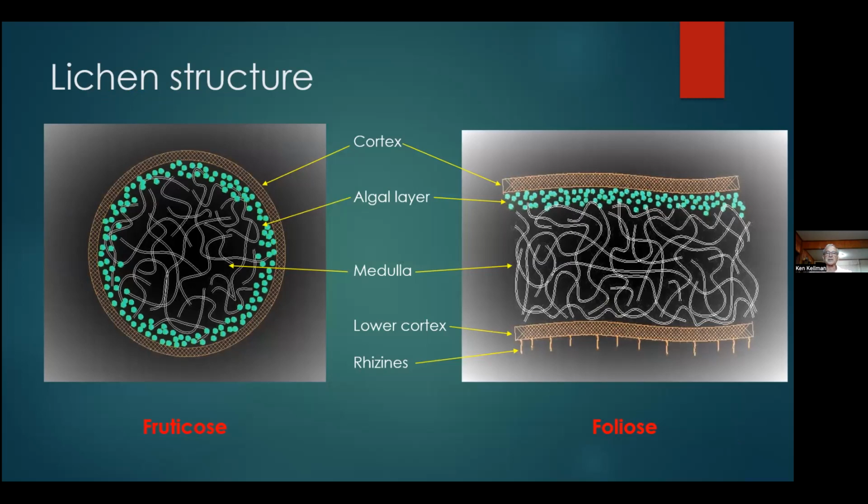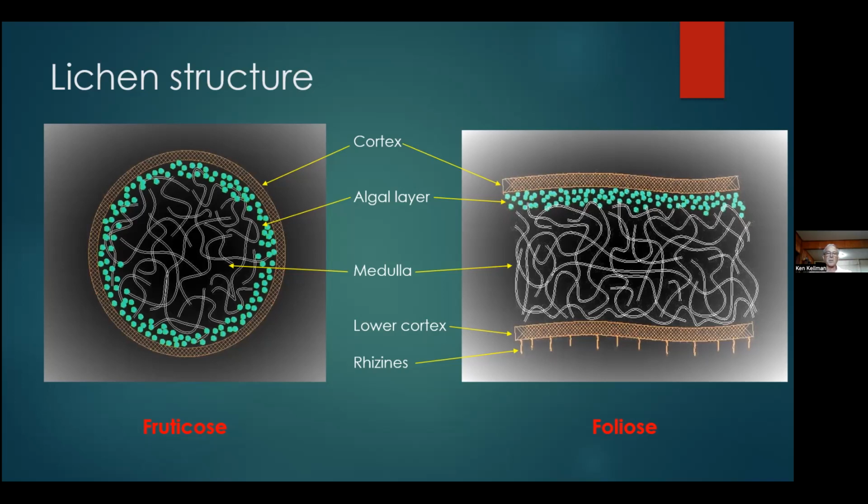This is where the algae are living and photosynthesizing, and where the haustoria are connecting to the algae and getting the sugars from it. Below that is the medulla, which is usually white, but sometimes other colors. That's also strictly fungal. And the lower cortex is also fungal.